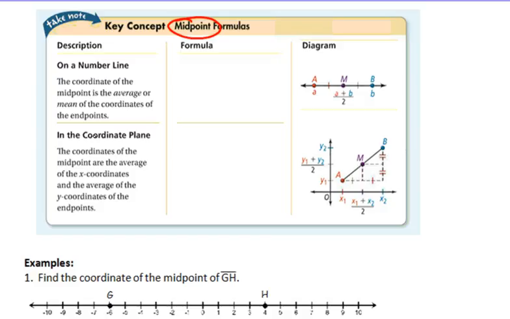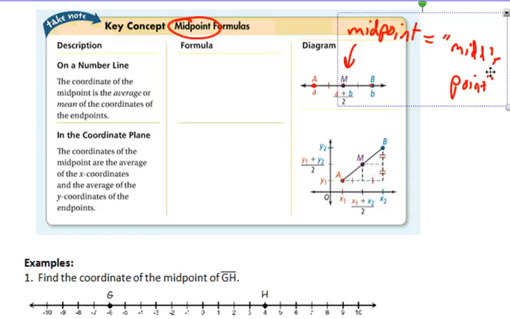So when you have just one number line, like we have right here, we have point A, we have point B. We're trying to find what's exactly in the middle. So midpoint really equals the middle point. Hence why it's named the midpoint.